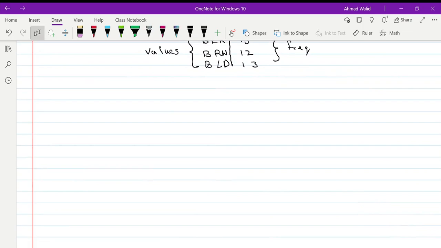To start with, the best way to make a frequency distribution table, we have to know a few terms that we will use. The first one is class width.